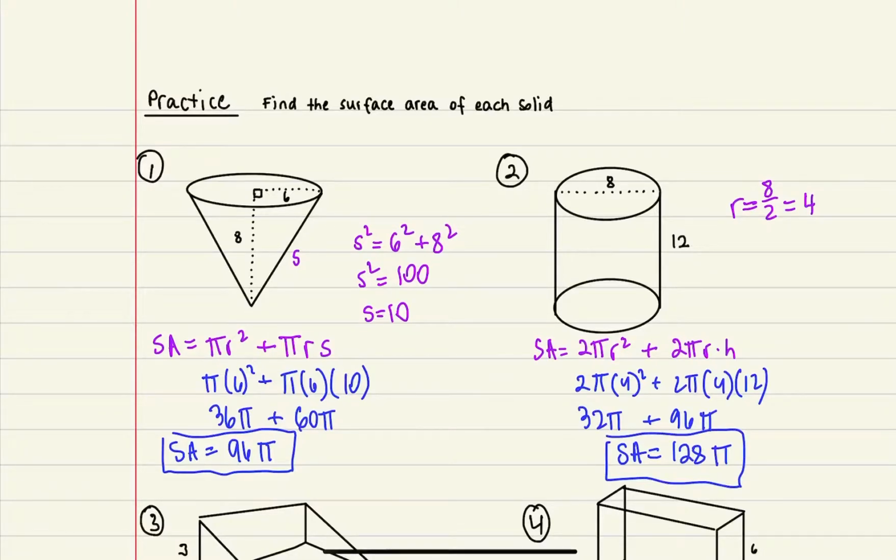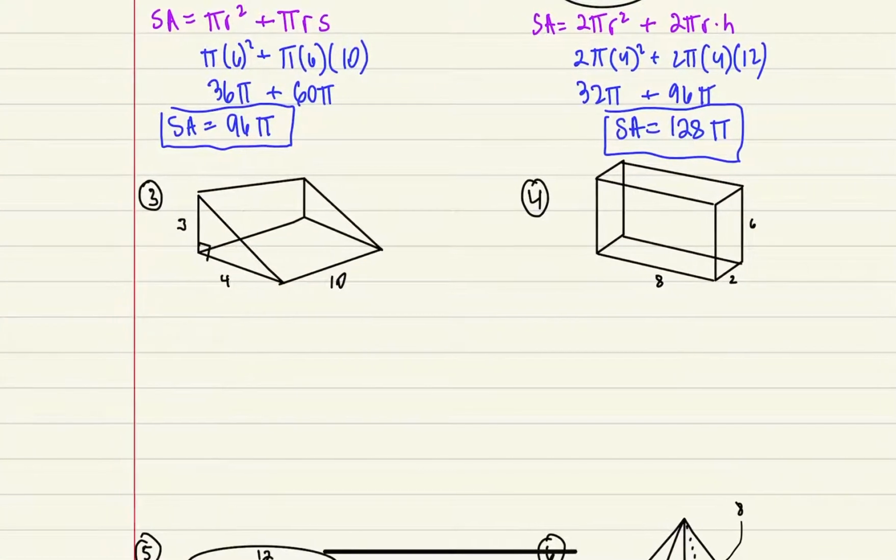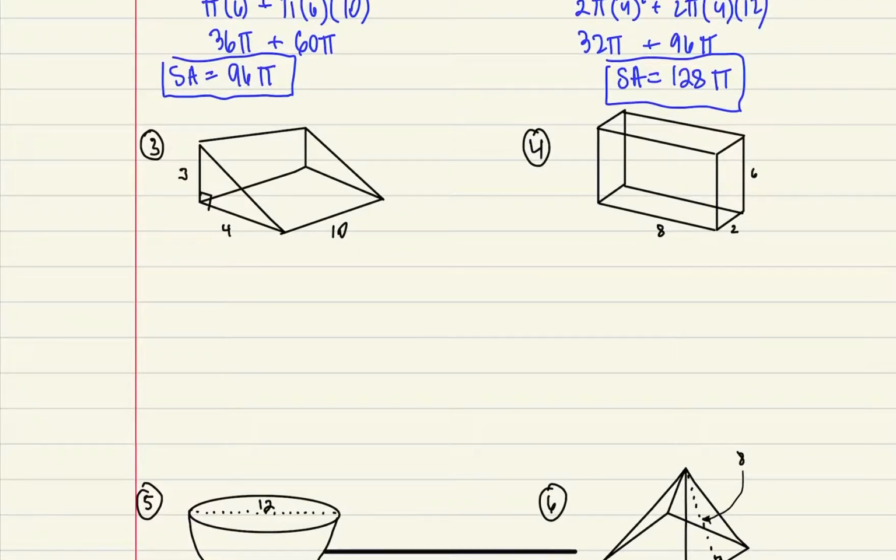Okay. Our next solid is a triangular prism, and this triangular prism is made of two triangle bases right here on both sides. So we will find the area of those two bases, plus if I connect all of these lateral surfaces together, I'm going to create a big rectangle that's going to have the same height as the triangular prism, and the base of the rectangle is going to be just equal to the perimeter of the triangle.